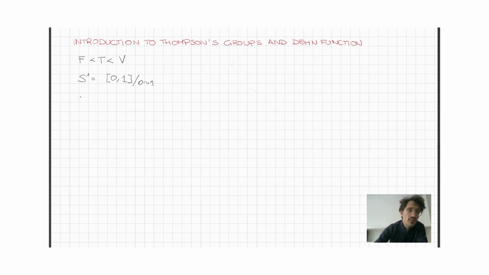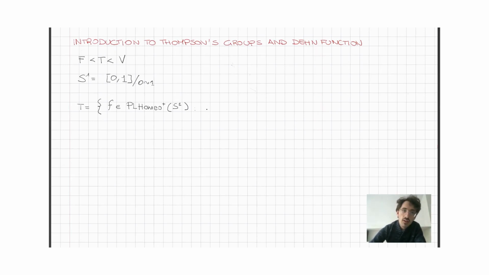So in this setting, Thompson's group T can be seen as the group of self-homeomorphisms of the interval which are piecewise linear and orientation-preserving. And they also need to satisfy some additional conditions, which are the following.